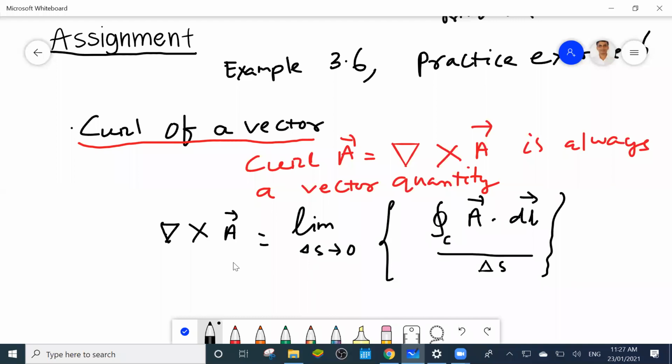If you want to take the magnitude, then this is a vector quantity, so easily you can find out the magnitude here. And this magnitude represents the circulation of a vector.